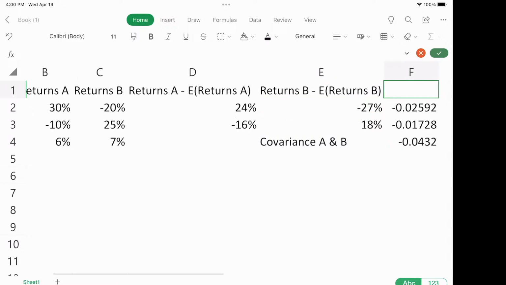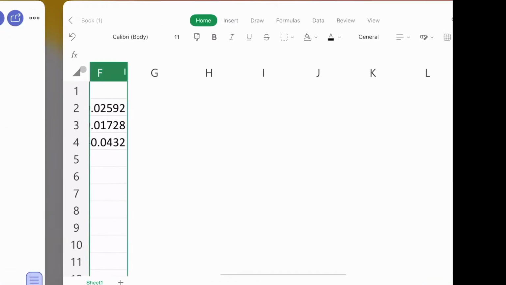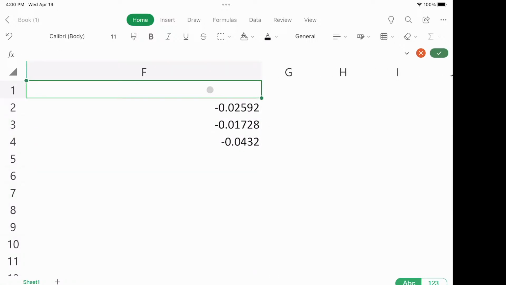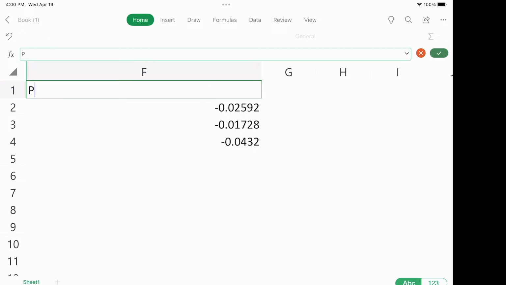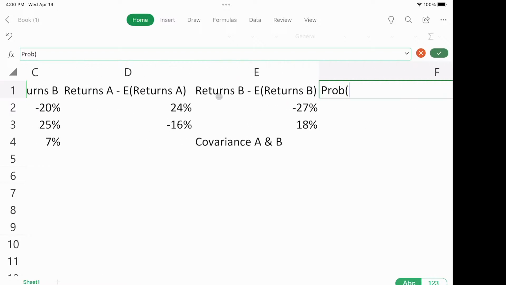The formula was probability times returns of A minus the mean. I'm just repeating what I did.